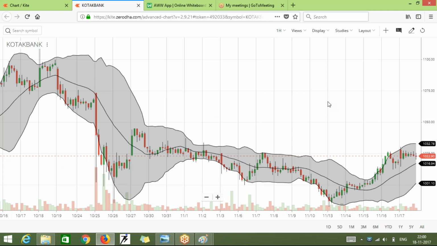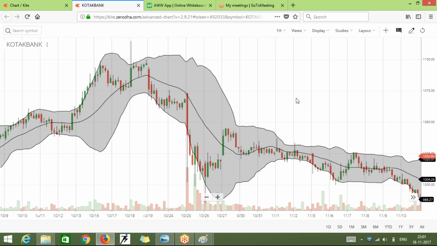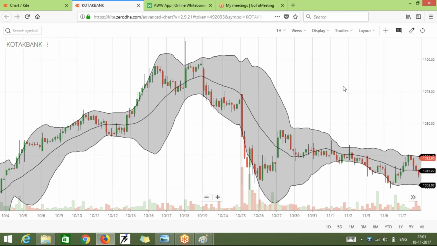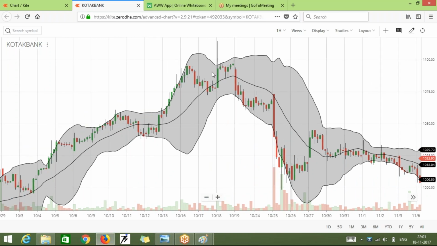Now let's see this one. I cannot find the trade where it's showing the difference in the deviation.